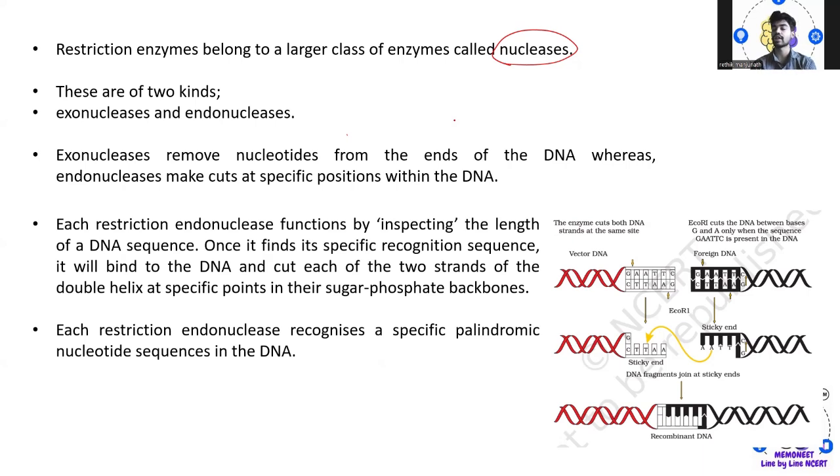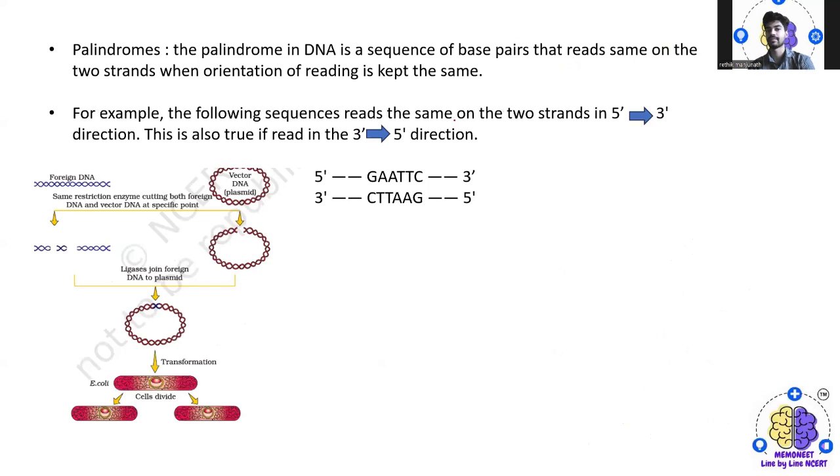Each restriction endonuclease recognizes a specific palindromic sequence in the DNA. So what is a palindromic sequence? A palindrome in DNA is a sequence of base pairs that reads the same on the two strands when the orientation of reading is kept the same. For example, look at GAATTC.